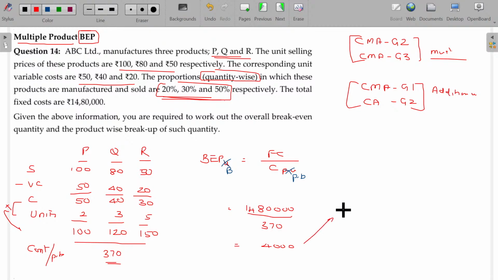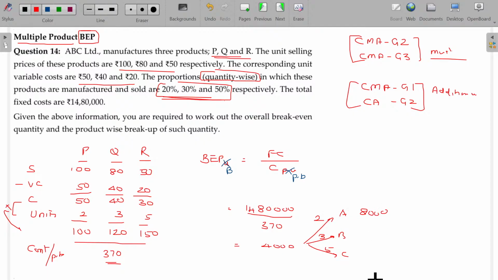4,000 batches means how many P, how many Q, how many R you have to sell? 2 units of P, 3 units of Q, 5 units of R. As per their proportion you have to sell. So 8,000 units of P, 4,000 into 2.